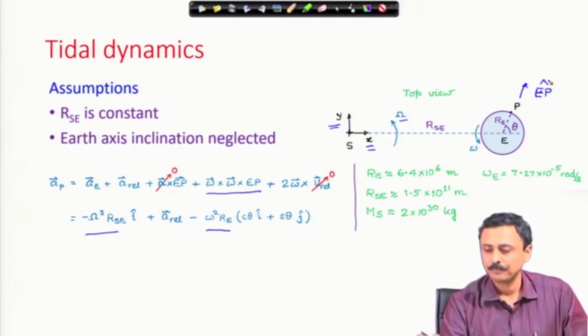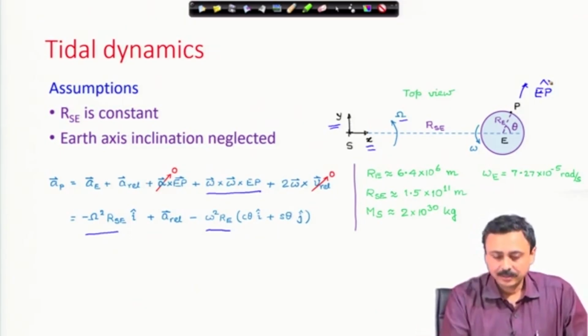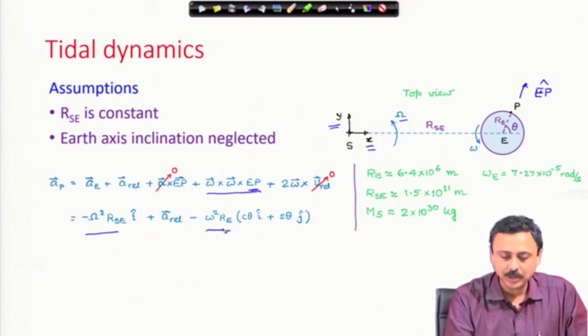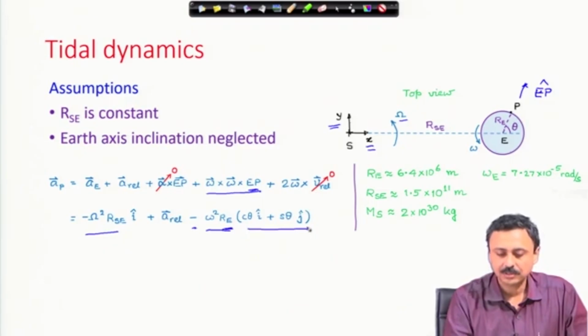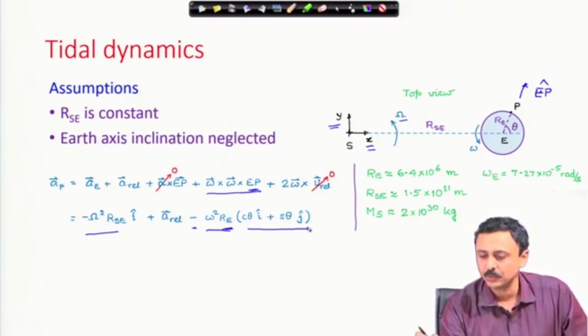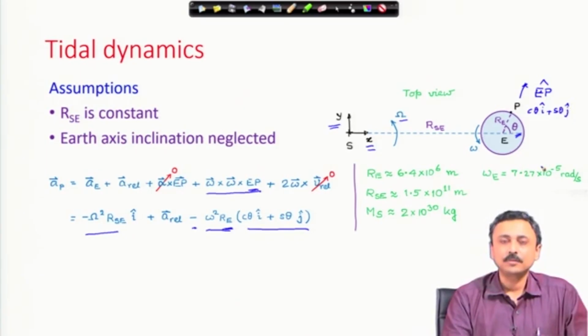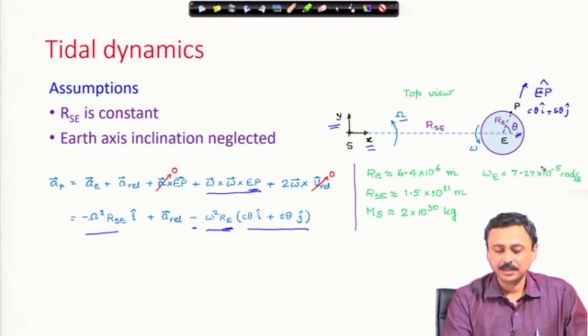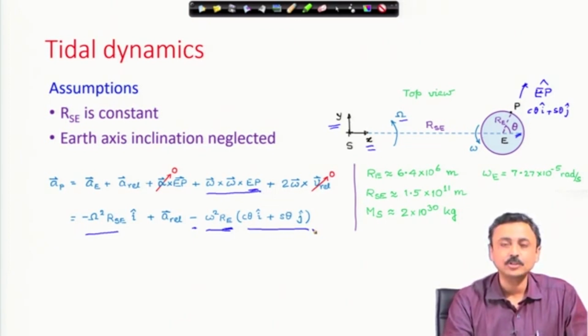This is the unit vector E p, and this E p vector has magnitude r e, radius of the earth, and its direction is cos theta I cap plus sin theta j cap, which you can find out. This angle is theta, which is marked in the figure. Therefore, E p cap is nothing but cos theta I cap plus sin theta j cap, and the centripetal acceleration of this particle, because of the spin, is therefore in the negative direction of this unit vector, and magnitude is omega square r e.